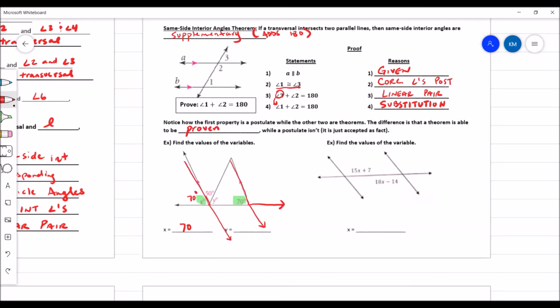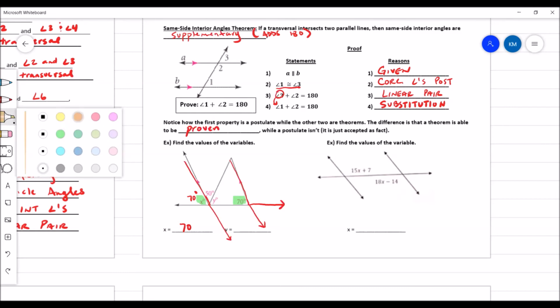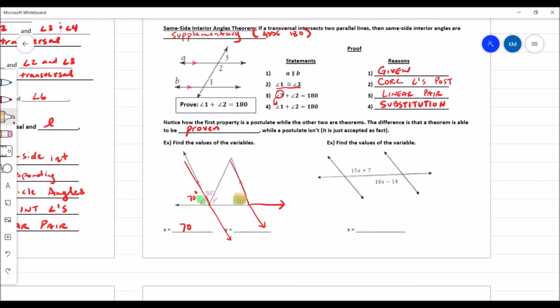Now there are a couple of ways that we can find y, but I'm going to use same side interior angles to find it here. Because as I look at this picture, I know that these two angles are same side interior angles. They're inside the two lines the transversal meets, and they're on the same side of the transversal. I know that same side interior angles should add up to 180 degrees. So 50 plus y plus 70 equals 180.